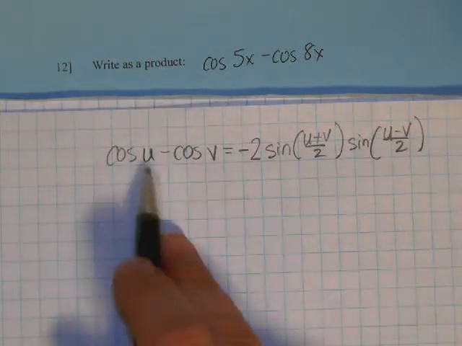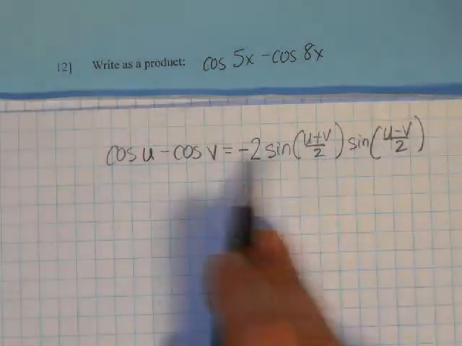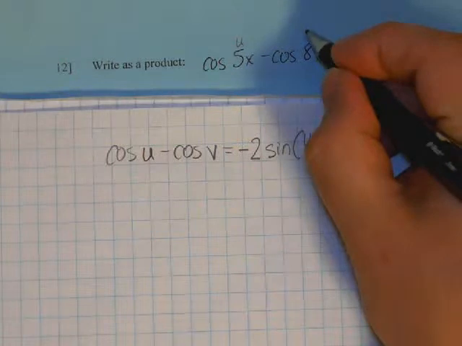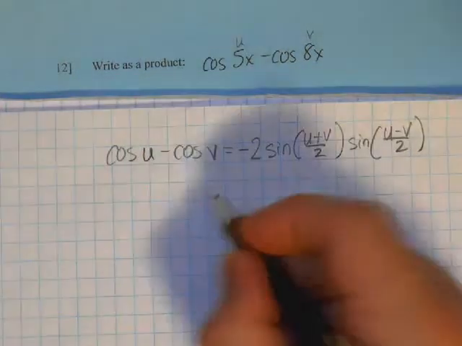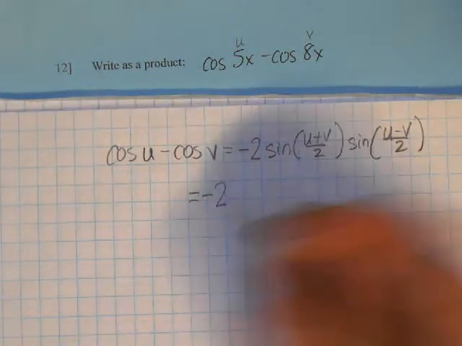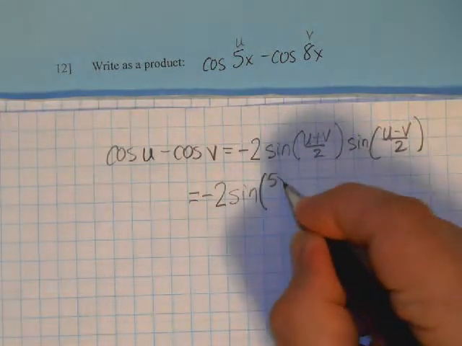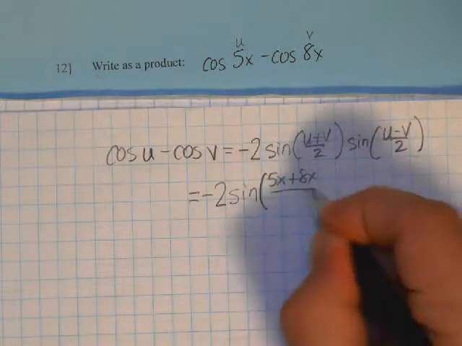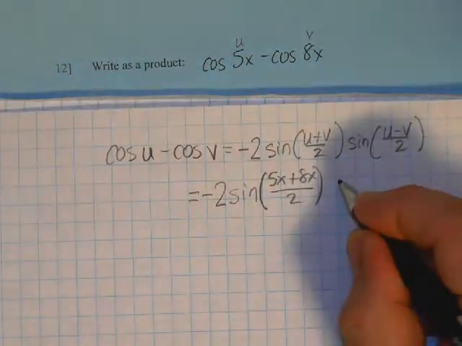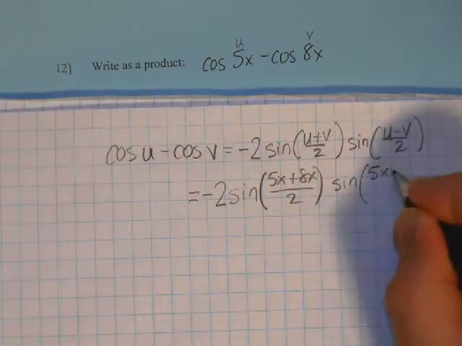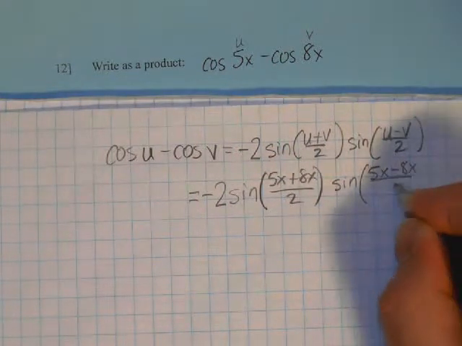Okay, our last problem, number 12. Here is the formula you should have used. So my u is going to be 5x, my v is going to be 8x, and I go ahead and substitute. So I get sine of 5x plus 8x over 2, and over here I get sine of 5x minus 8x over 2.